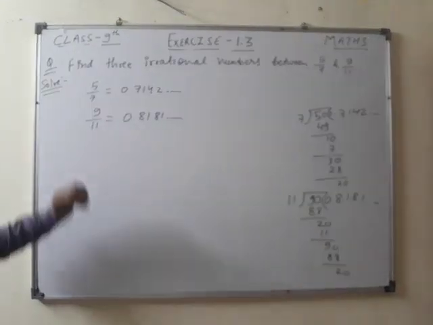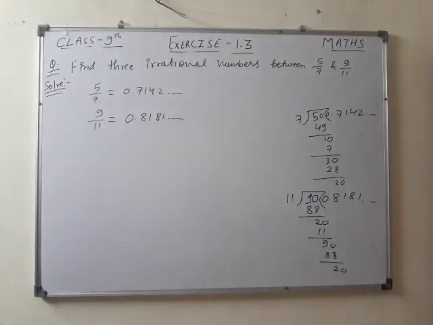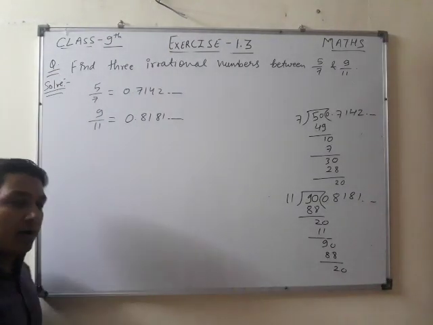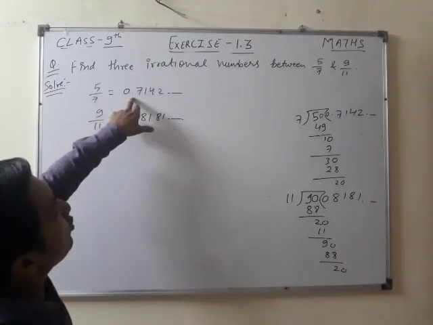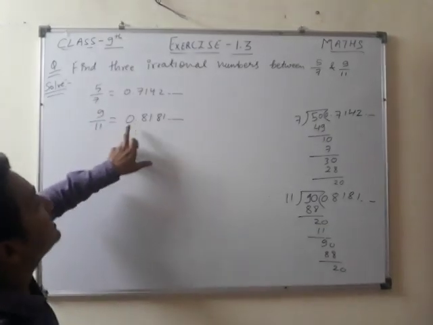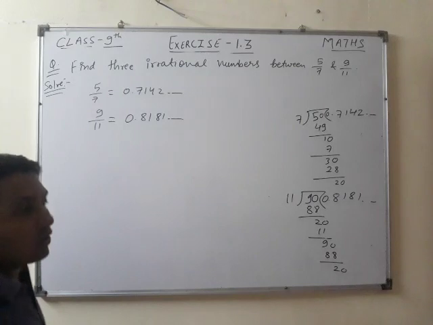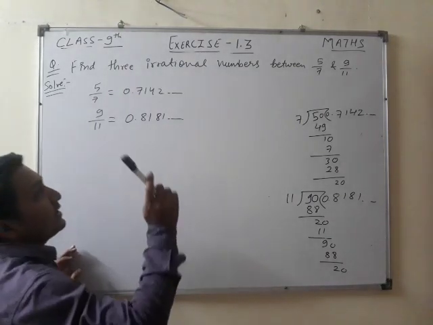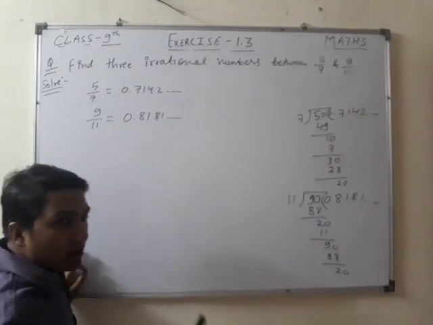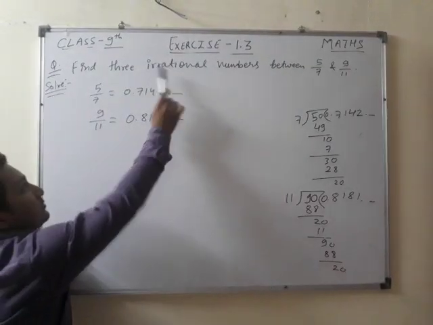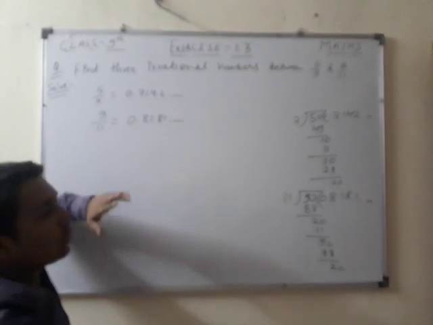We need to find 3 irrational numbers between 5/7 and 9/11. So we can write non-terminating, non-repeating numbers which are greater than 0.7142 and less than 0.8181, because non-terminating, non-repeating numbers are irrational numbers.